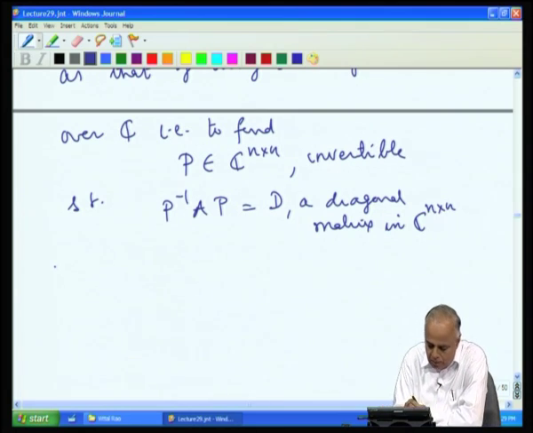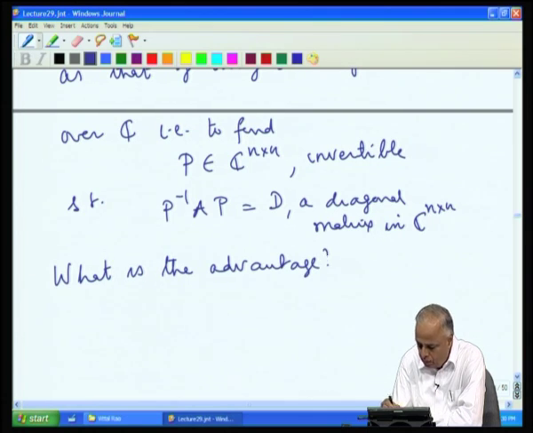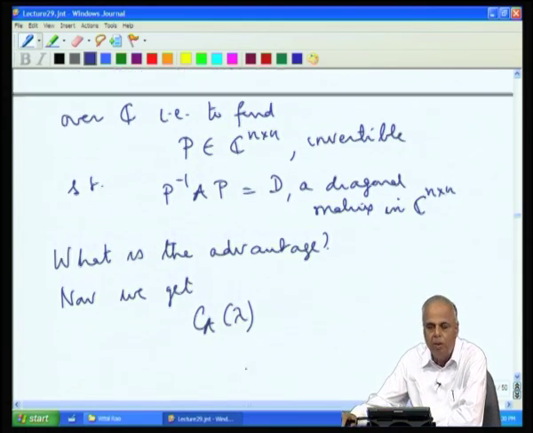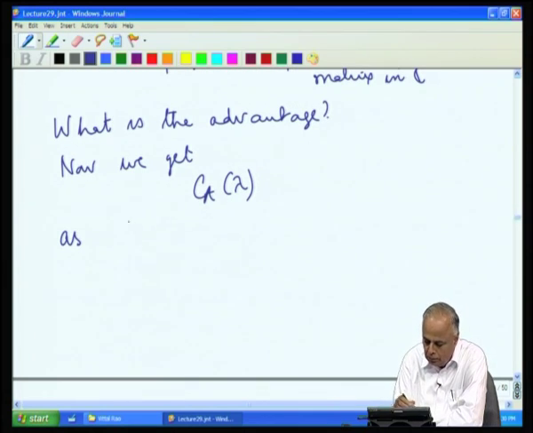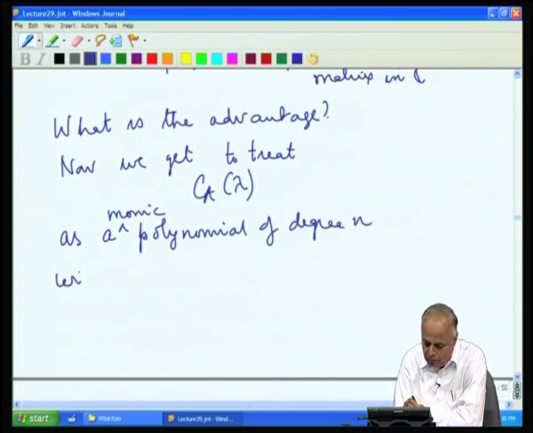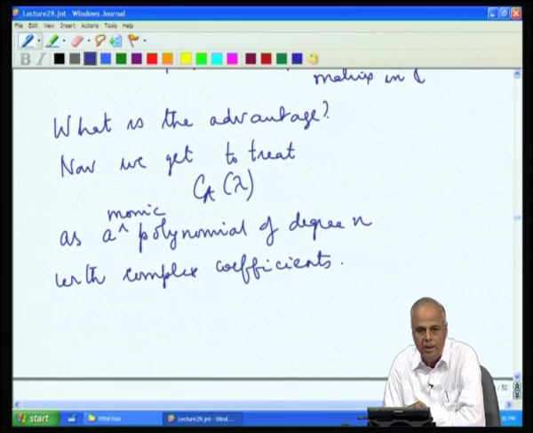Why do we do that? What is the advantage? Now, we can treat the characteristic polynomial C_A as a monic polynomial of degree n with complex coefficients, and the fundamental theorem of algebra says that if you have a complex polynomial of degree n, it will have n roots.